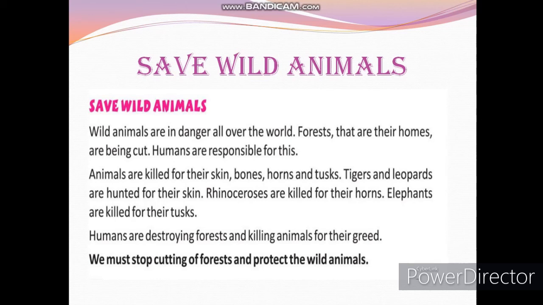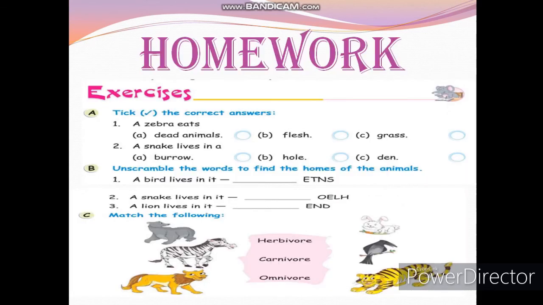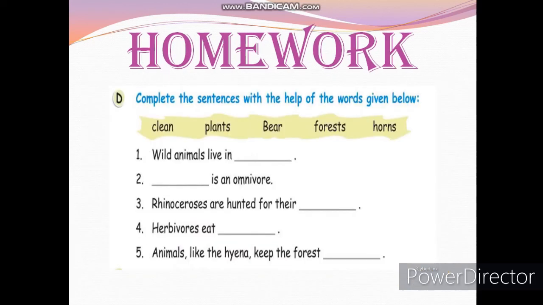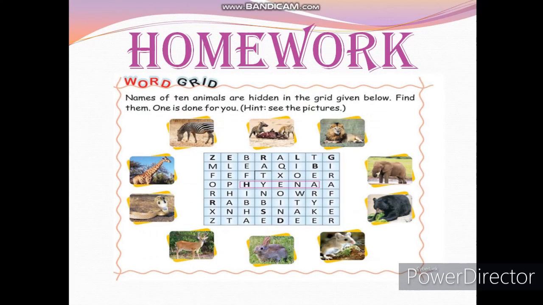Read this lesson once, children. After reading, open your science textbook, page number 22. There are exercises A, B, C and D; you have to write them. Then turn the page and write page number 24 also.